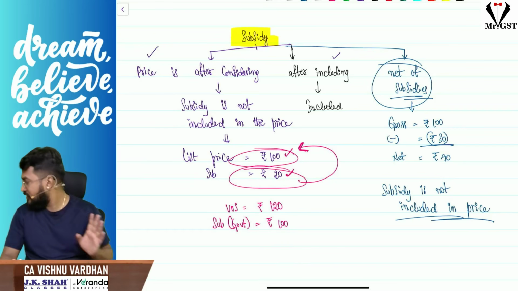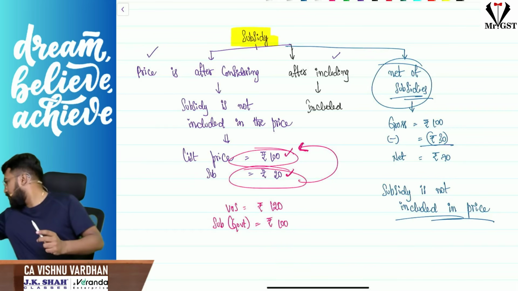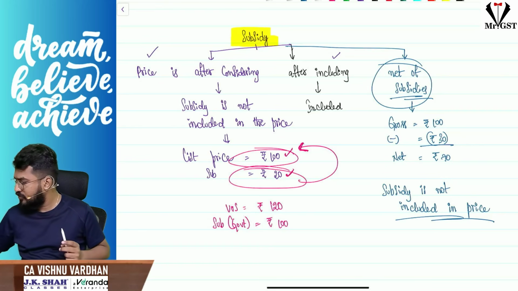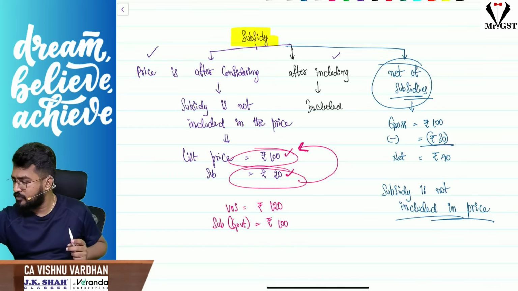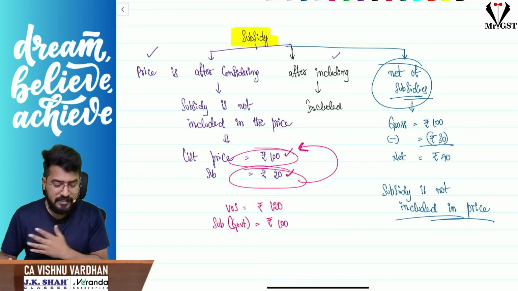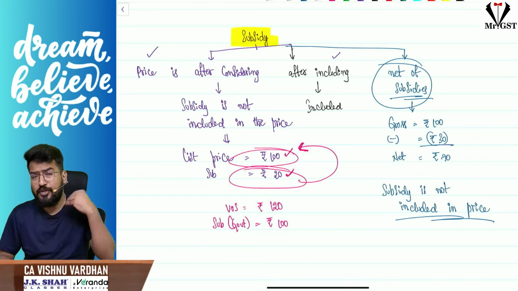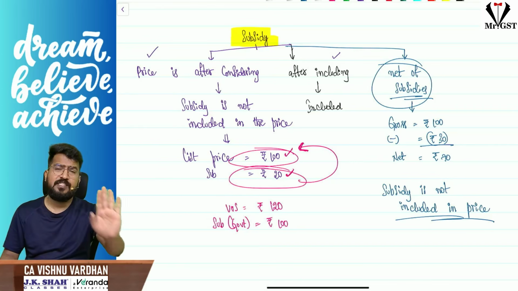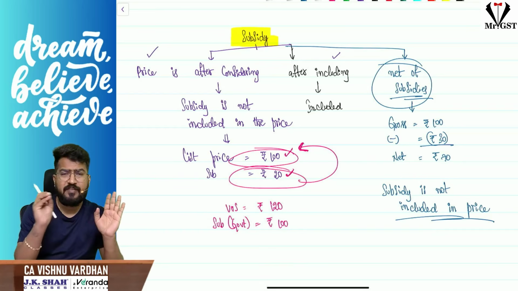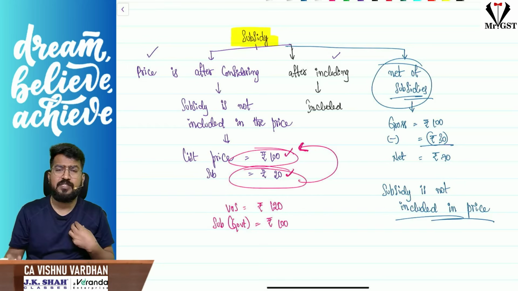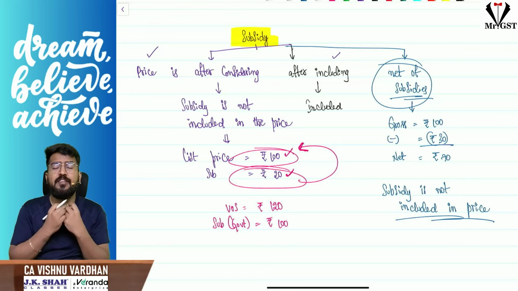If it says price after considering subsidy, that means we know that we will receive the subsidy and we are fixing this price. Let us assume the price after considering subsidy is 10,000 rupees. That means I want this 10,000 rupees and I know that I will get a subsidy of 500 also. That means it will become 10,500.